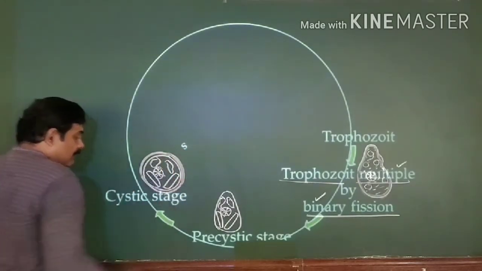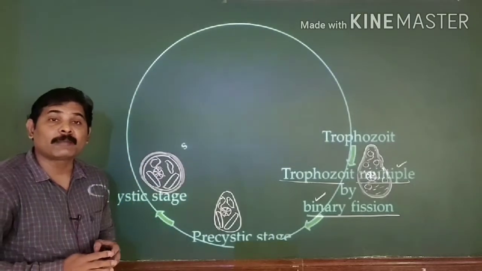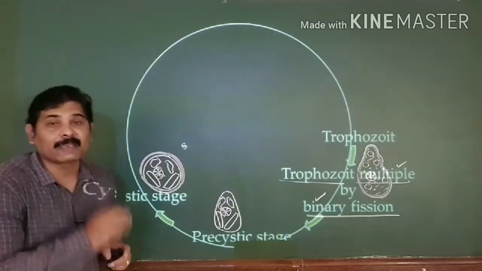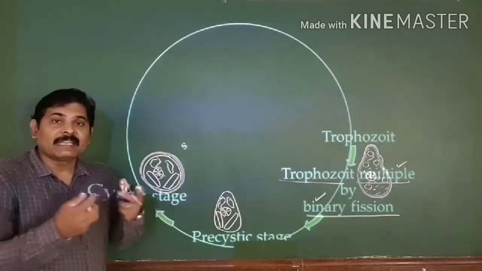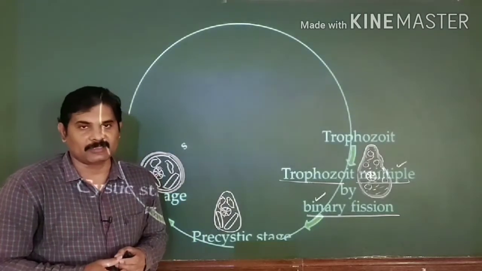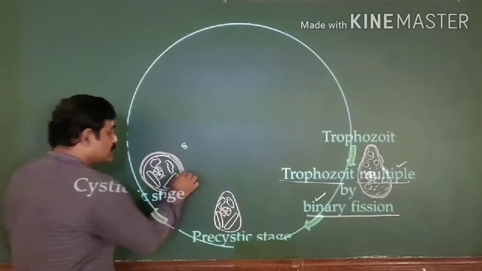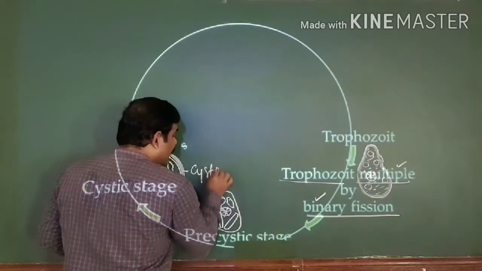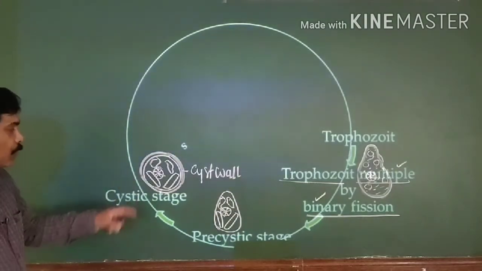This is the stage that comes out of an infected person's body along with the fecal matter. As it is coming out, it has to be exposed to various unfavorable conditions. In order to protect itself from unfavorable conditions, this cyst wall protects it. Okay, this is one thing.